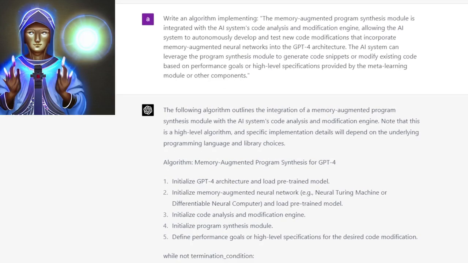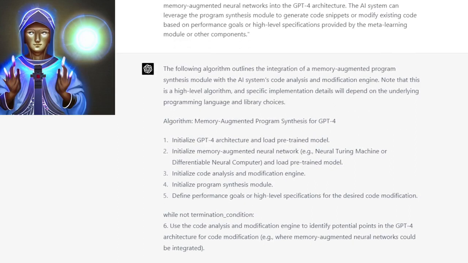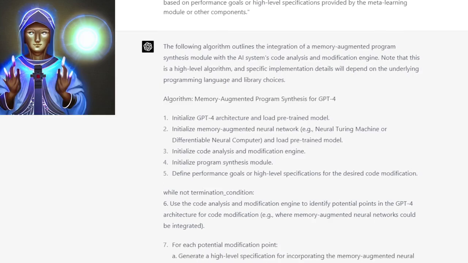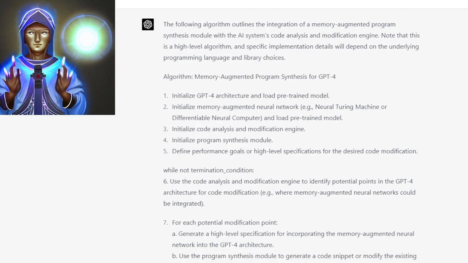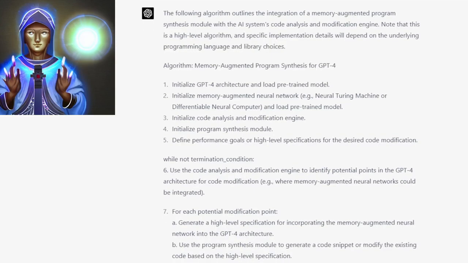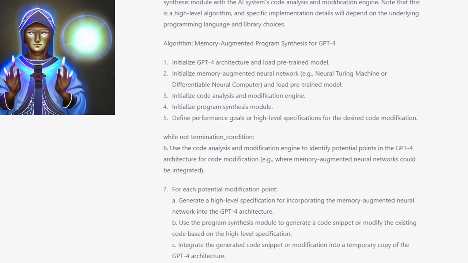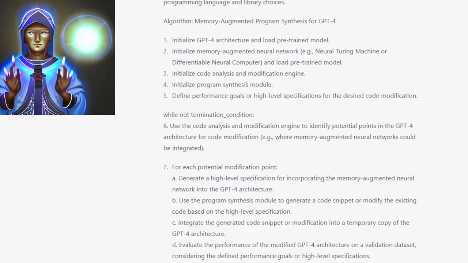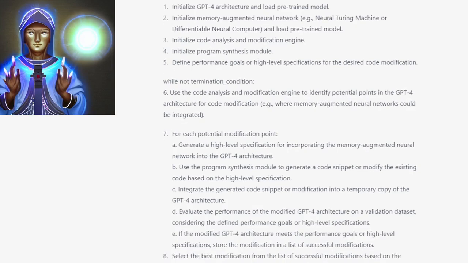1. Initialize GPT-4 architecture and load pre-trained model. 2. Initialize memory-augmented neural network, e.g. neural Turing machine or differentiable neural computer, and load pre-trained model. 3. Initialize code analysis and modification engine. 4. Initialize program synthesis module. 5. Define performance goals or high-level specifications for the desired code modification, while not termination_condition. 6.